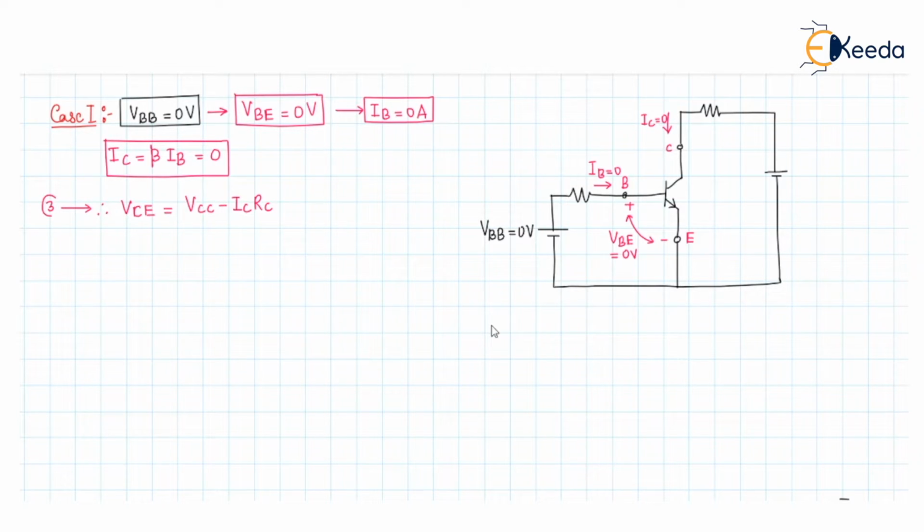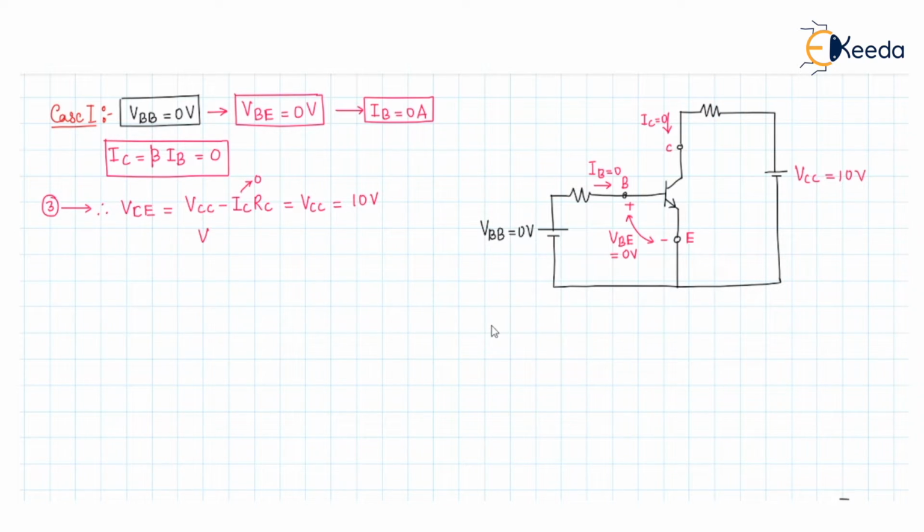So if we put all the values here, IC is equal to 0, so we can say that VCE is equal to VCC, and we have taken this VCC voltage as 10 volt.